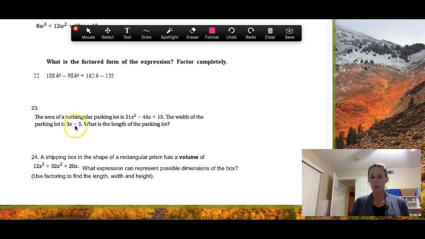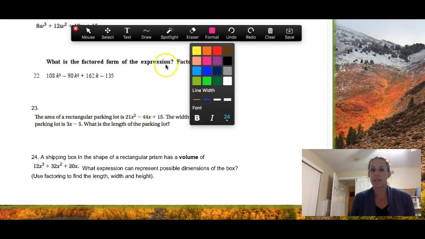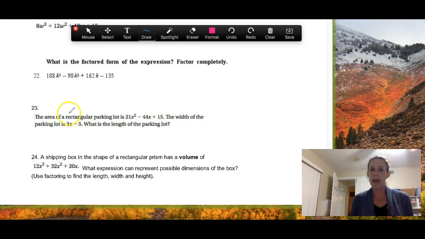All right, they gave us one of them, so that's kind of nice. I've got to factor this one, and this is the hard kind of factoring because this is a big number. I'm going to do this one by the guess and check method, because if I did 21 times 15, I'm going to get a huge factor. I don't want to do that. So I have the area of a parking lot.